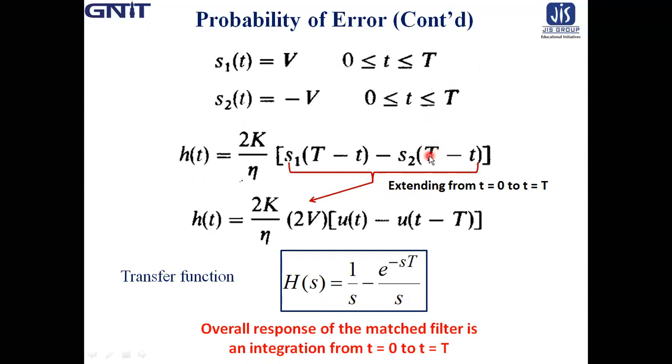Therefore, the impulse response of the matched filter is now 2k by eta p of (T minus t). That means s1(T minus t) minus s2(T minus t).